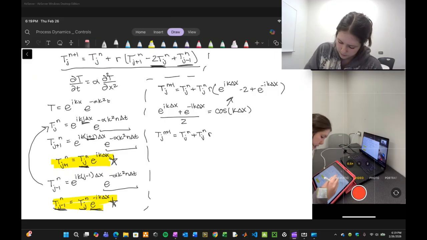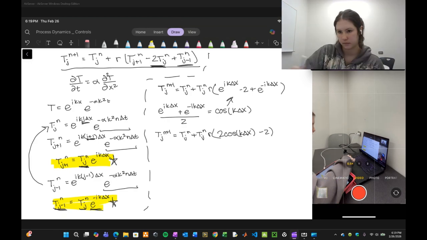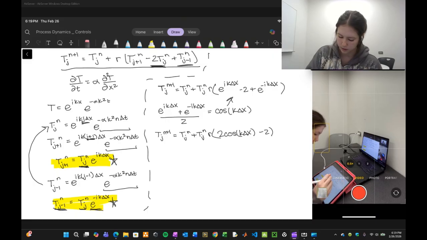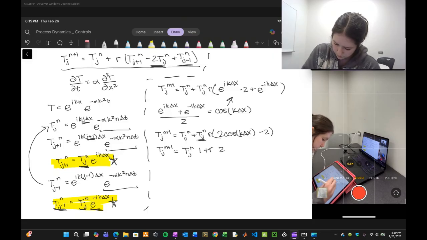And we have 2 cosine k delta x minus 2. And then I'm also just going to simplify this a little bit. It'll be T_j n, and then it'll be multiplied by 1 plus r, so we can get rid of this right here, of 2 cosine k delta x minus 2.